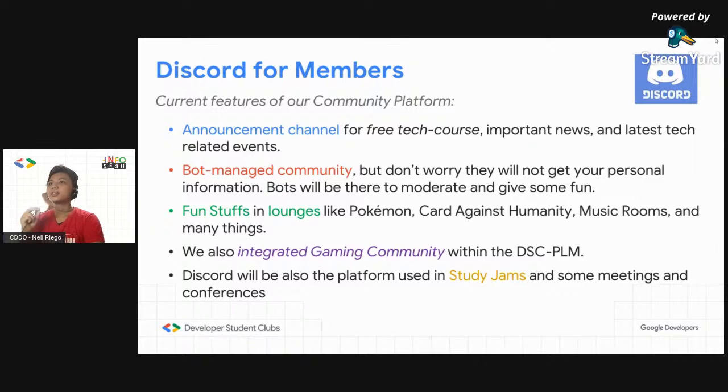So, next is, since we are building community, yun yung aim ng PLM, to build a community wherein meron technology. So, ayaw naman namin yung sa community na yun, puro technology yung i-focus namin or doon lang highlight namin. Syempre gusto rin namin magkaroon ng light side yung DSC PLM.